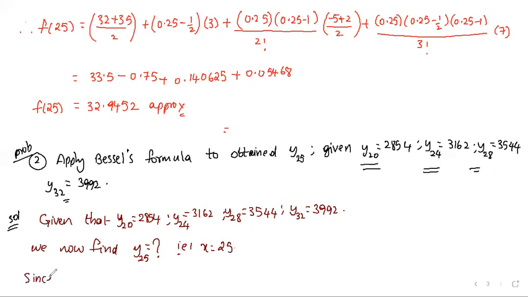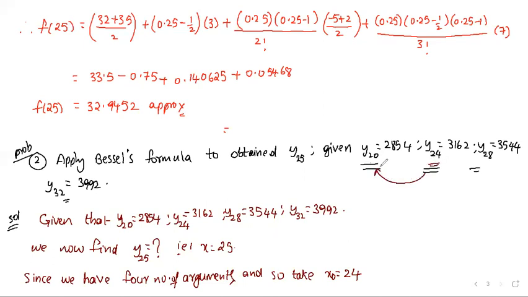Since we have four number of arguments, and so take x naught is equal to 24. For this x naught equal to 24, on the left-hand side it will be x minus 1, and on the right-hand side it will be x1 and x2.